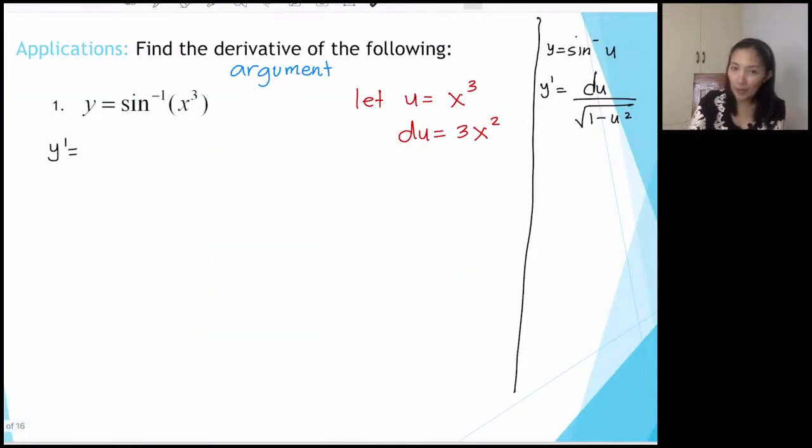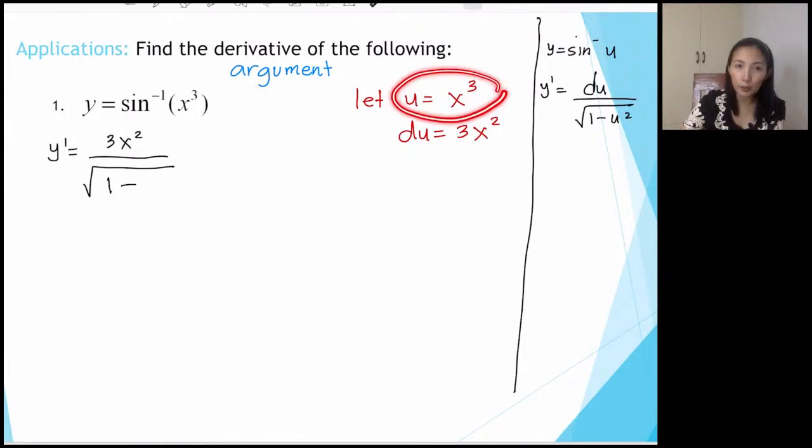Okay, so y prime is equal to du, which is 3x squared all over the square root of 1 minus u, which is x cubed, 1 minus x cubed raised to the second power.